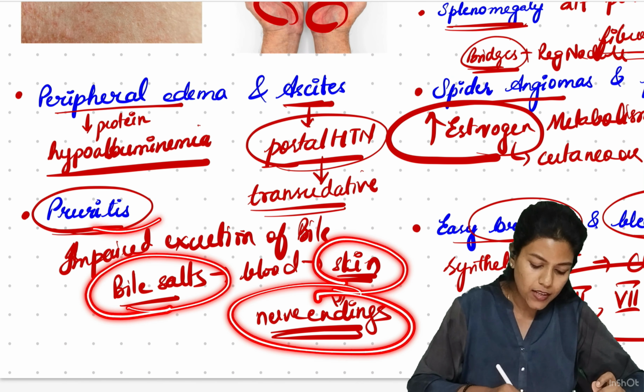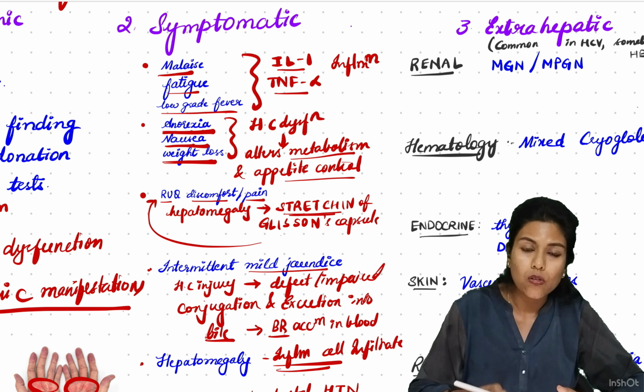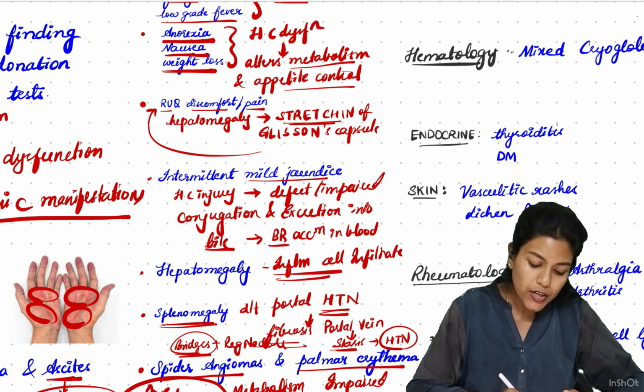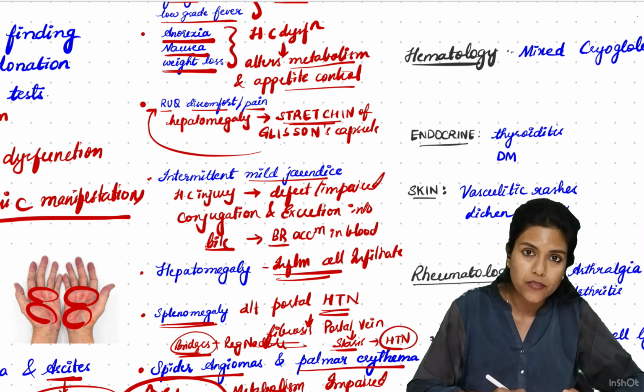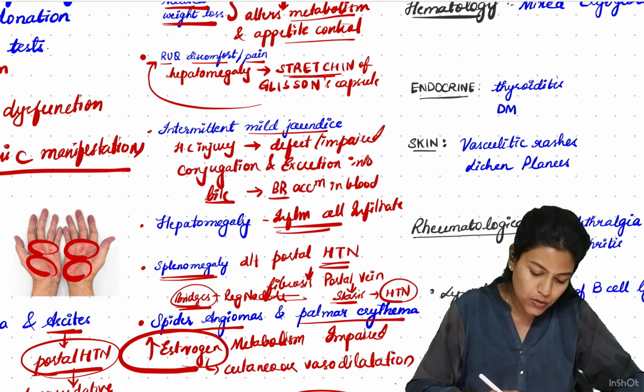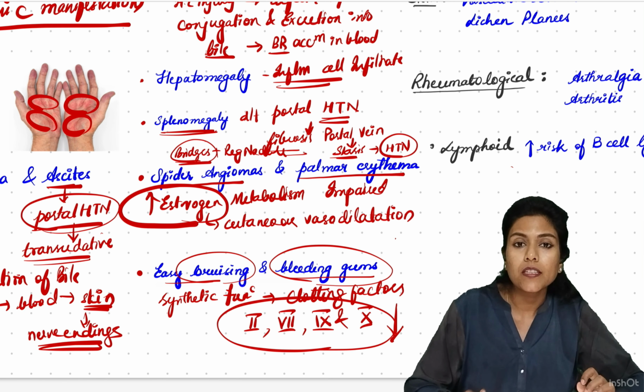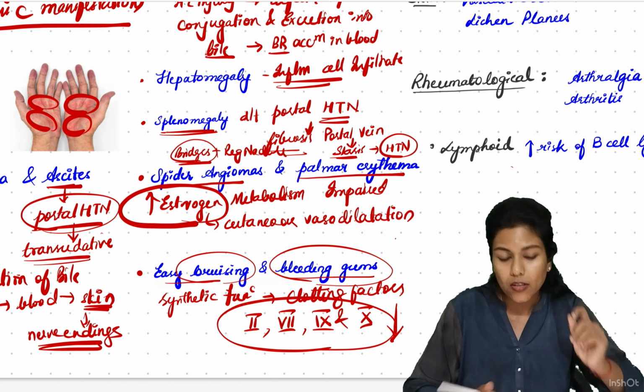This is about the symptomatic phase of chronic viral hepatitis. Generalized symptoms: malaise, fatigue, low-grade fever, anorexia, nausea, weight loss because of altered metabolism, appetite, right upper quadrant pain because of stretching of the capsule, mild jaundice because of hyperbilirubinemia, hepatomegaly, splenomegaly because of portal hypertension, spider angioma, palmar erythema because of estrogen metabolism, easy bruising, bleeding gums because the synthetic function of clotting factors goes down.